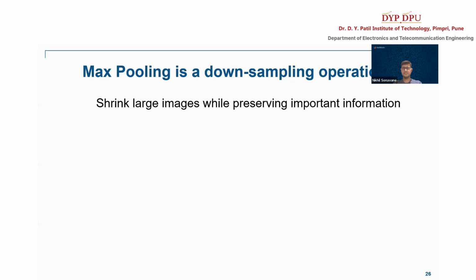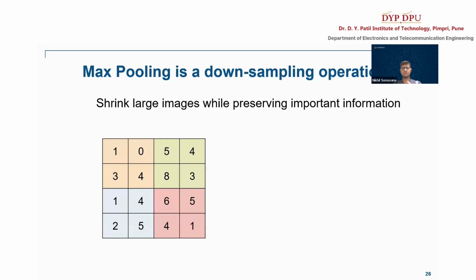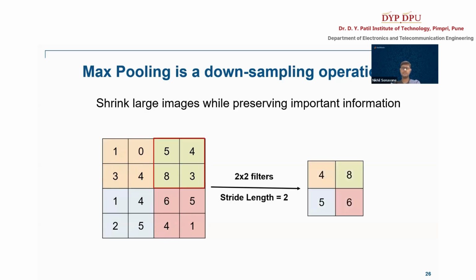What max pooling does is, there are scenarios where we want to shrink the image to reduce the size of it, but we want to again preserve some important information. So that is where max pooling comes in. It is like a downsampling operation. So here, for example, if this is an image and we want to convert it using a 2 by 2 filter with a stride length of 2, it will be somewhat like this.